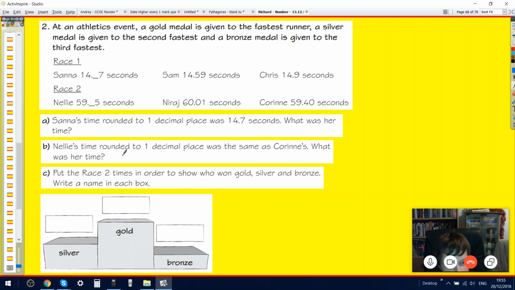So what will Karina's time round to, to one decimal place? I think 59 point 0 or 4. 59.4. And so you have to come up with a time for Nelly that will round to 59.4.